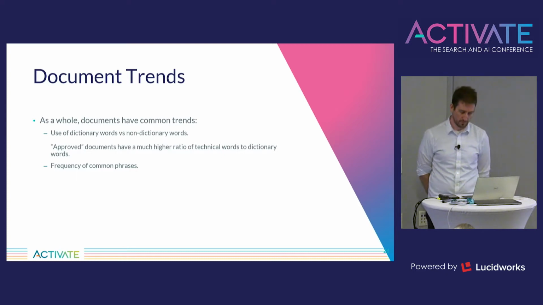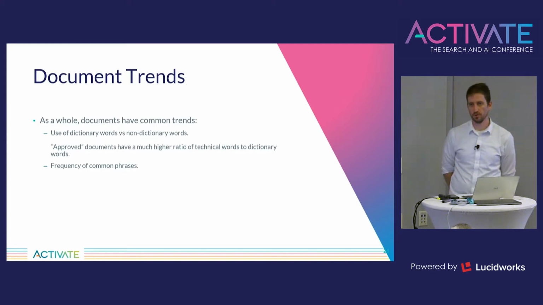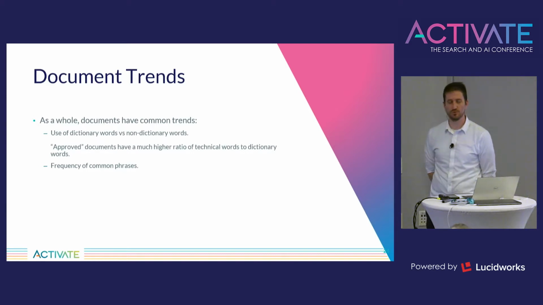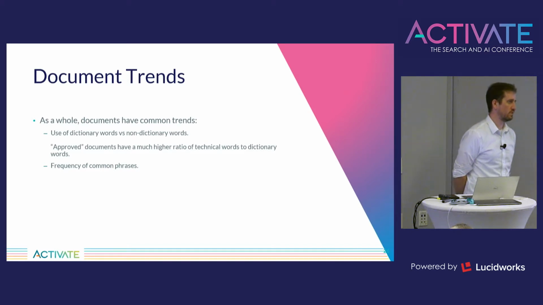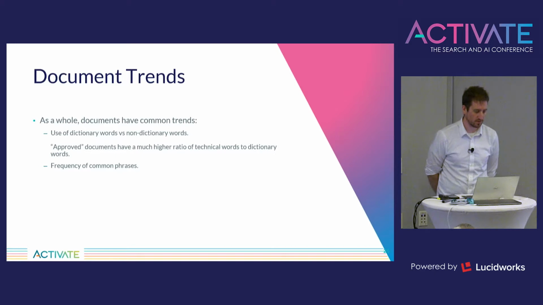The frequency of common phrases. Documents that end up in an approved state have phrases that occur very often in relation to documents that don't end up in an approved state. So we wanted to be able to use aspects like this to offer feedback to the authors.